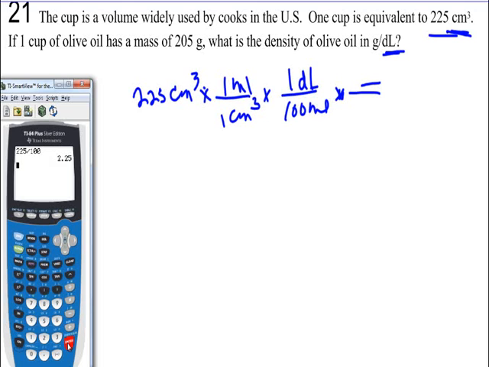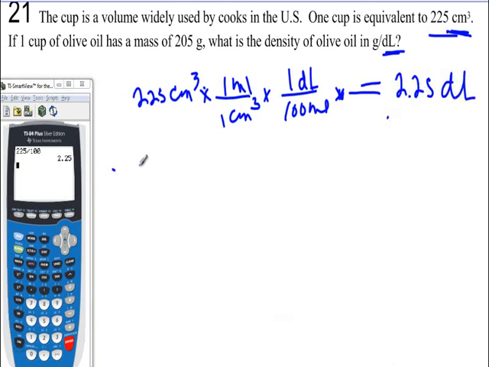Seems kind of silly. I should be able to do this in my head, but I'm tired. 2.25 deciliters, right? Okay, we're good. I was just looking at the answer key, and the answer key looks like it's wrong.